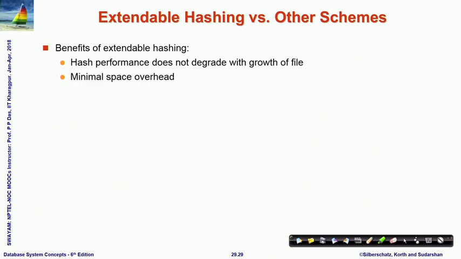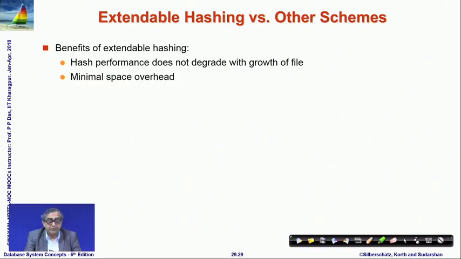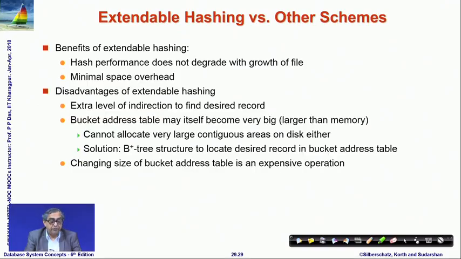In this, the performance does not degrade with the growth of the file, and there is very minimal overhead of the space, but it does have disadvantages. For example, there is an extra level of indirection to find the desired record, because it is a hash, then you come to the hash bucket address table and then go to the bucket. Bucket address table itself may be very big, because it is exponential in the size of the number of bits.